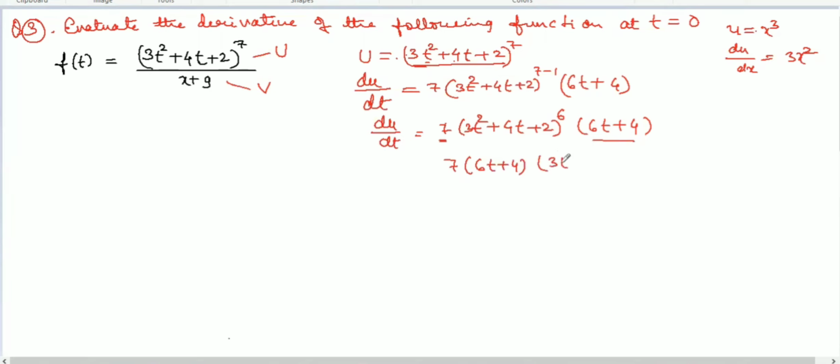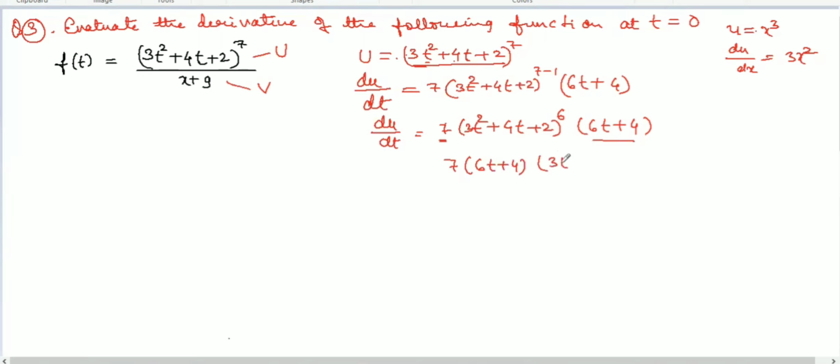Now we need to find out dv over dt as well. In the quotient rule we need this. So let's take v equal to t plus 9, and what is dv over dt? Sorry, here it will be t because our function is in t.